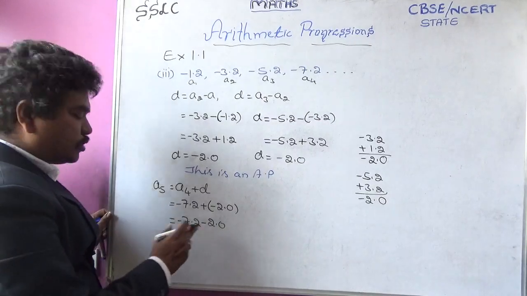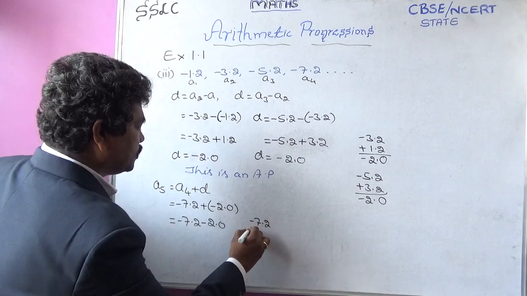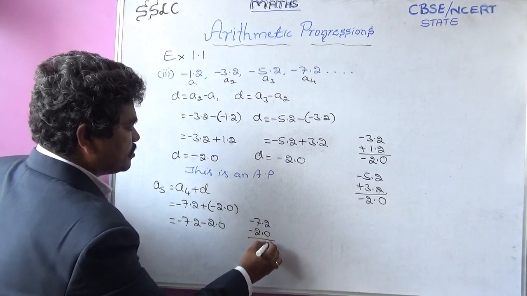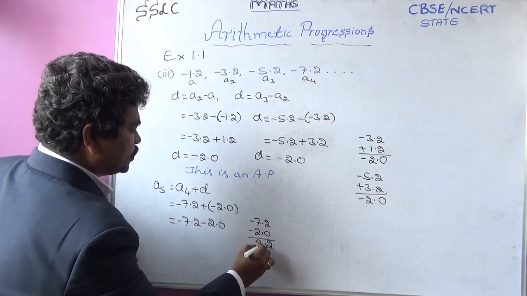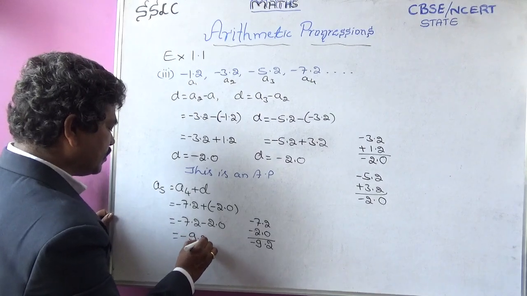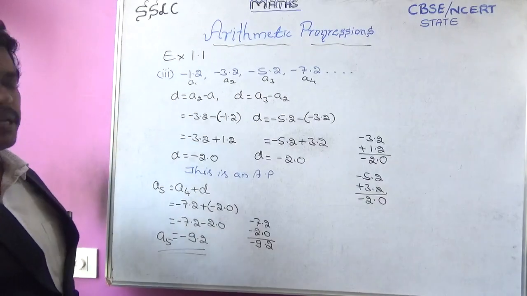You have to add these two, because both have the minus symbol. Minus 7.2 minus 2.0: 7 plus 2 is 9. Both are minus, so you write the minus symbol for the answer also. That is A5, the 5th term becomes minus 9.2.